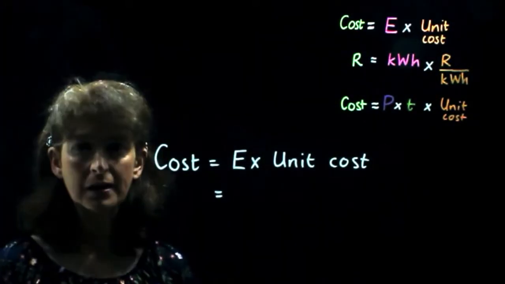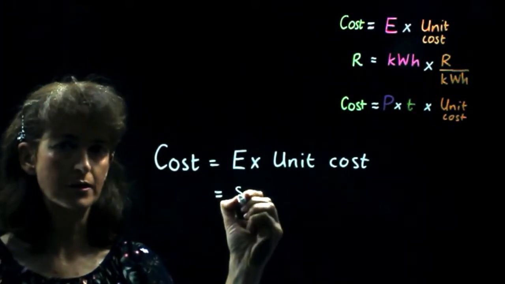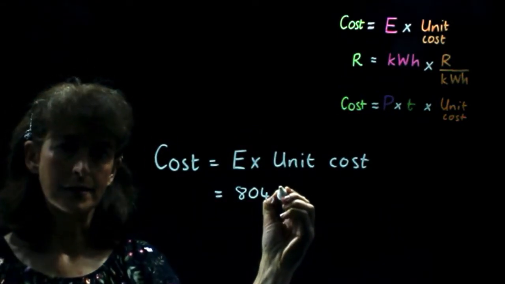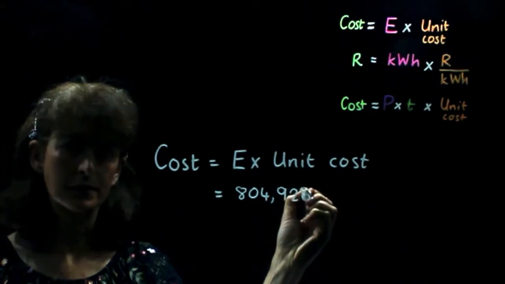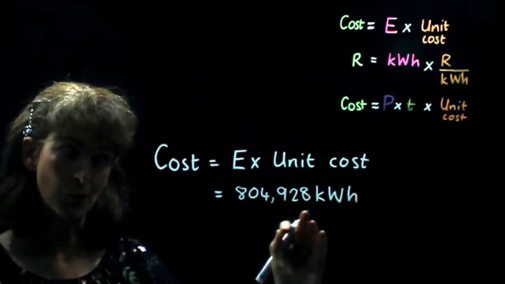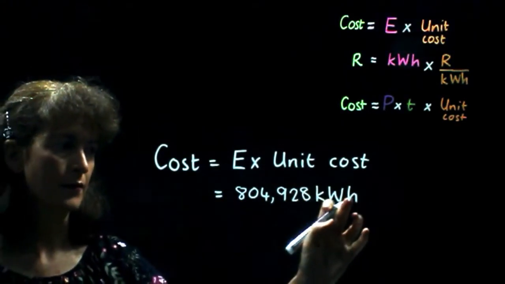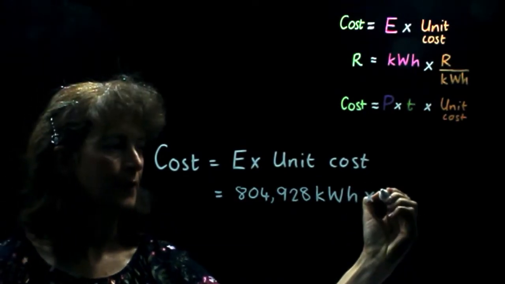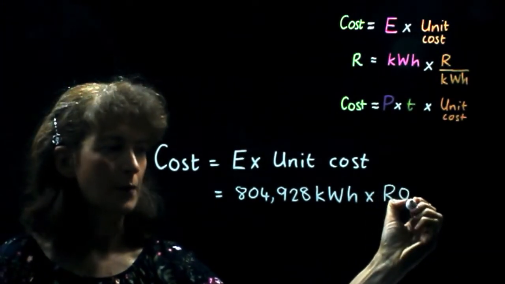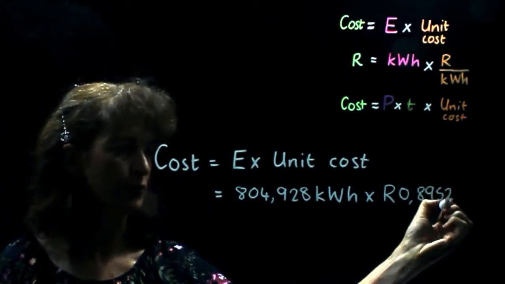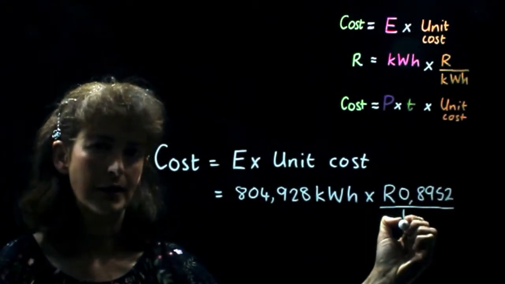Energy consumption is 804,928 kilowatt hours. Not kilowatts per hour, kilowatt hours. That's a unit of energy. Multiply by the unit cost. 0,8952 Rand per kilowatt hours.